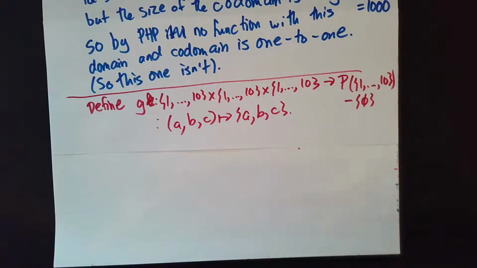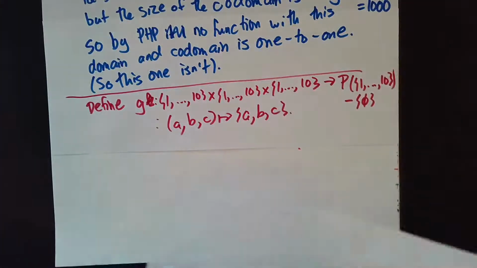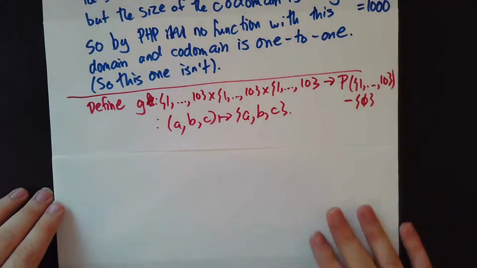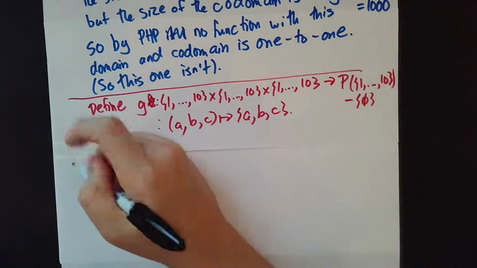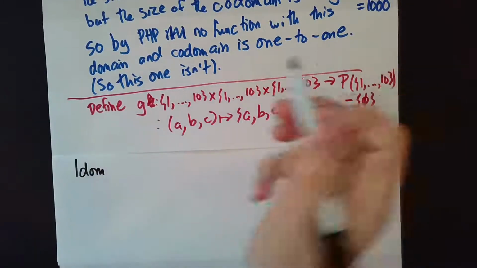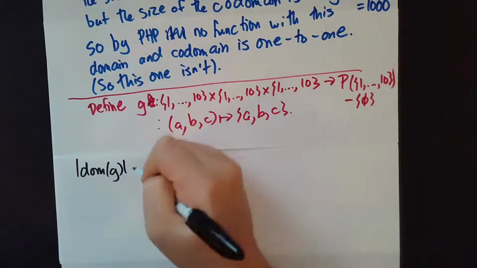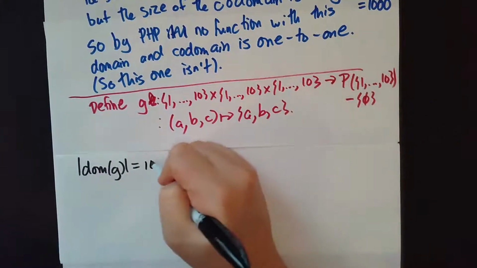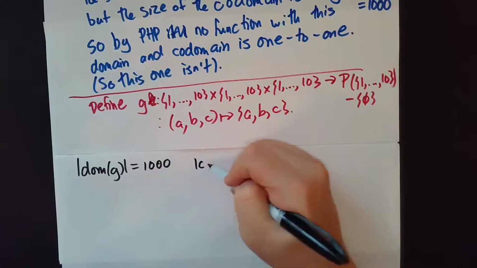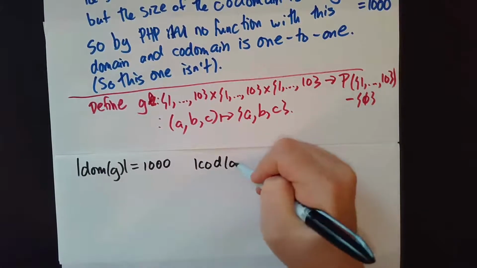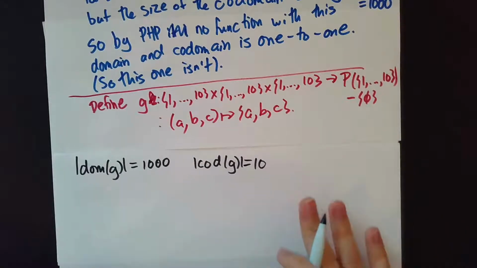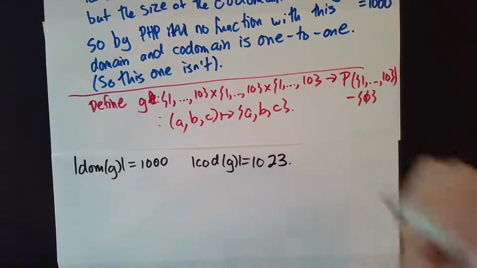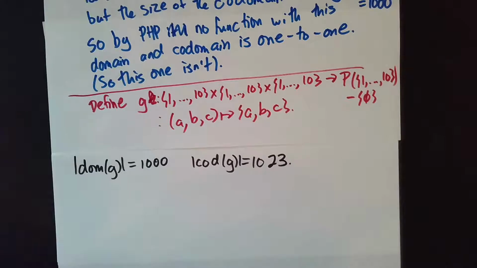Well, in this instance, the size of the domain of g is 1,000. The size of the codomain of g is 1,023. And so what does the Pigeonhole Principle say?